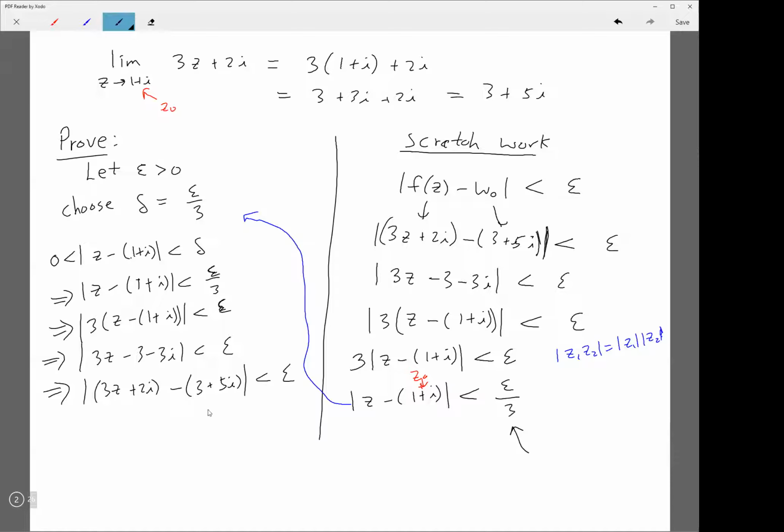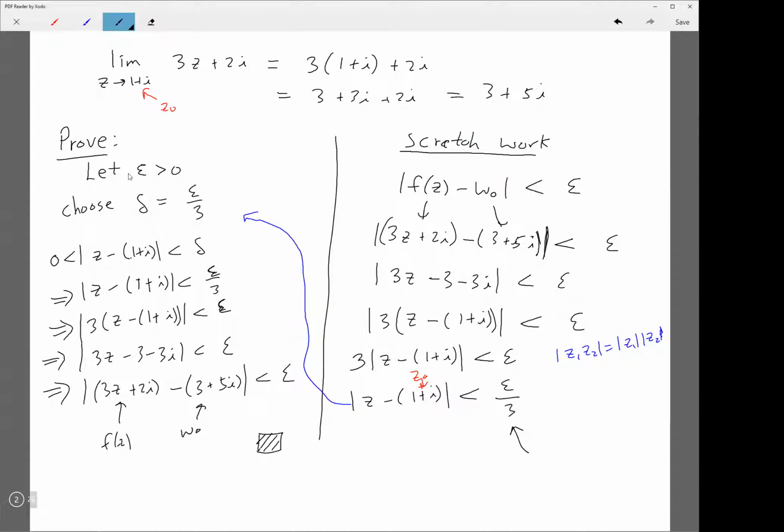Which is it. And this is it, because this is your f of z, and this is your w naught. This is your right-hand side. W naught is 3 plus 5i. F of z is 3z plus 2i, right there. So f of z minus w naught, and this is pretty much done. That proves it right there.